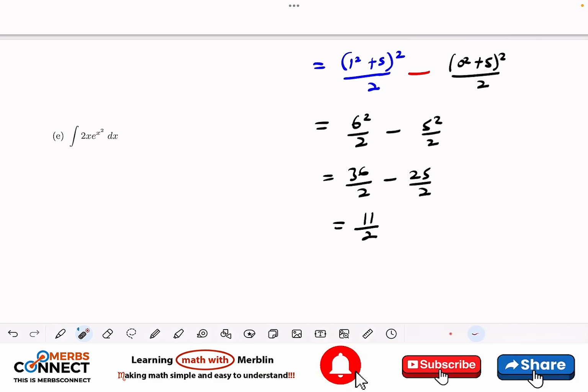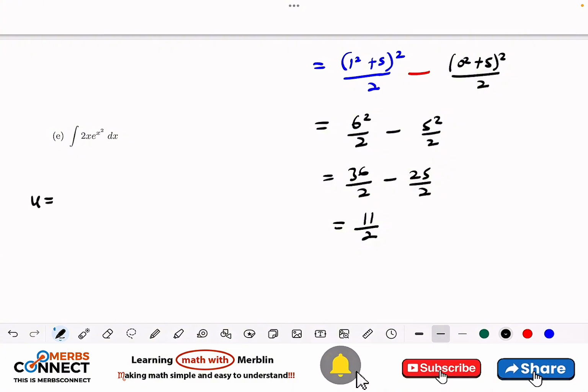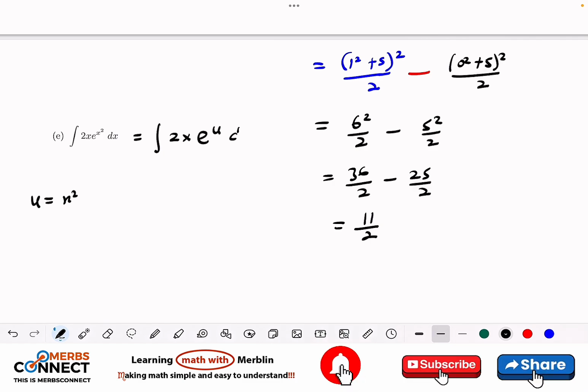This is kind of the same idea, we have x and 2x of them. So what we just need to do is pick the one with the highest degree. So now what will be my u? My u will be x squared. It means that I'm going to have integration 2x e to the power u dx.